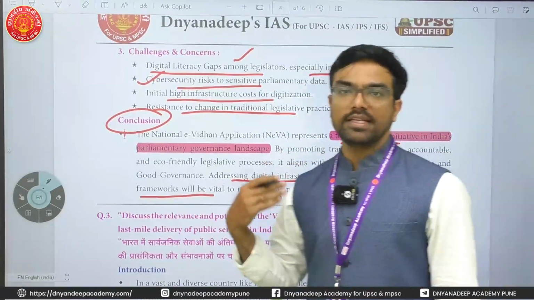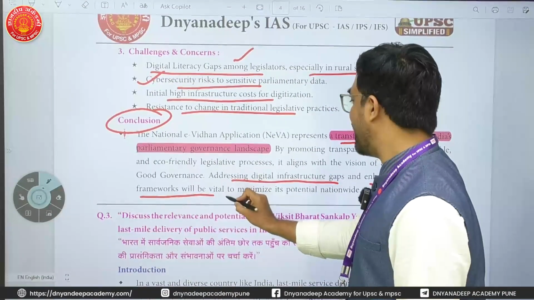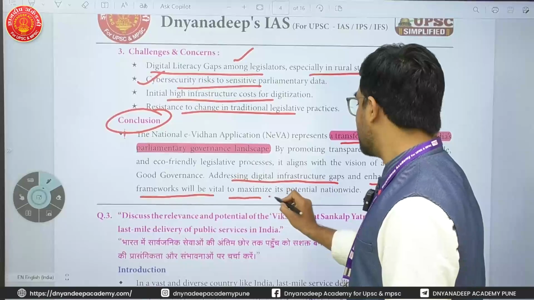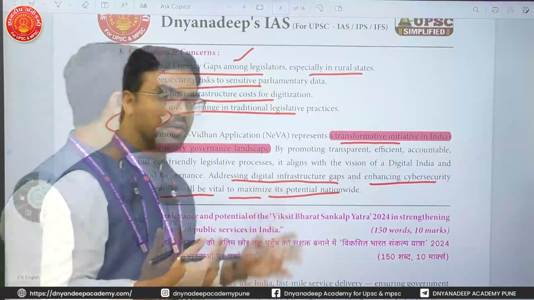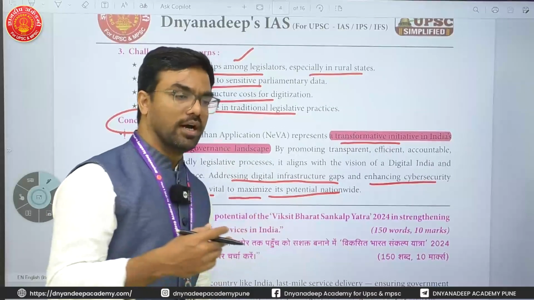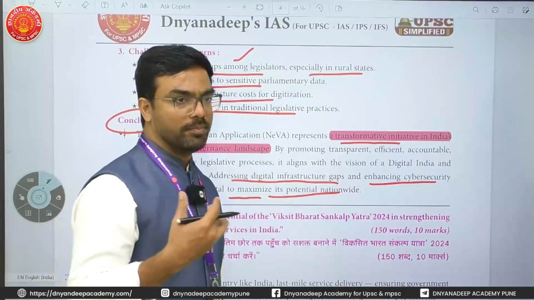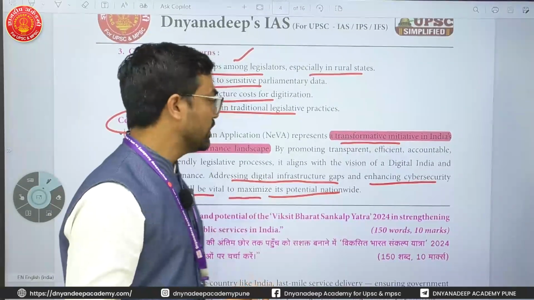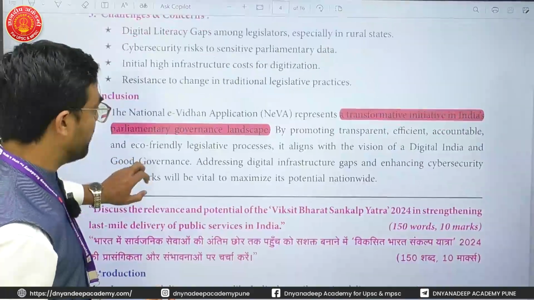Also, ensuring there is a data protection bill or data localization. It is vital to maximize its potential nationwide. If the government takes these measures, it will ensure that the National e-Vidhan Application benefits the nation. So we can write this conclusion with some measures also.